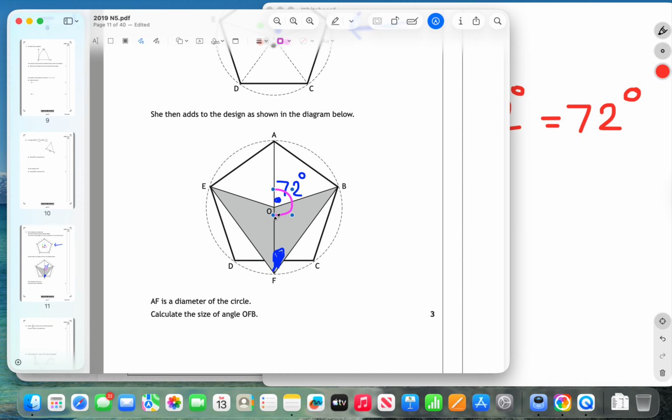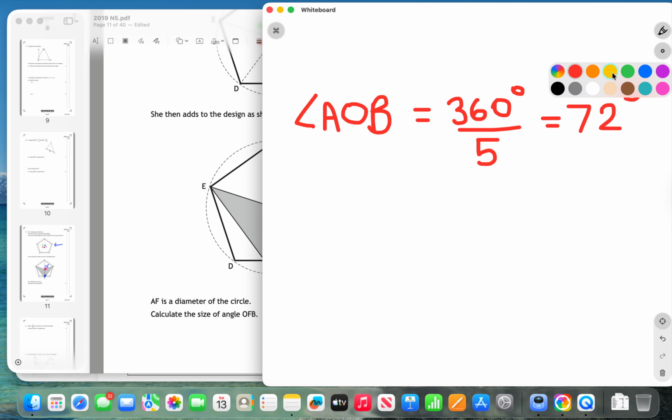But if we know that the angle AOB is 72, then to find this angle, FOB or BOF, that's 180 minus 72.